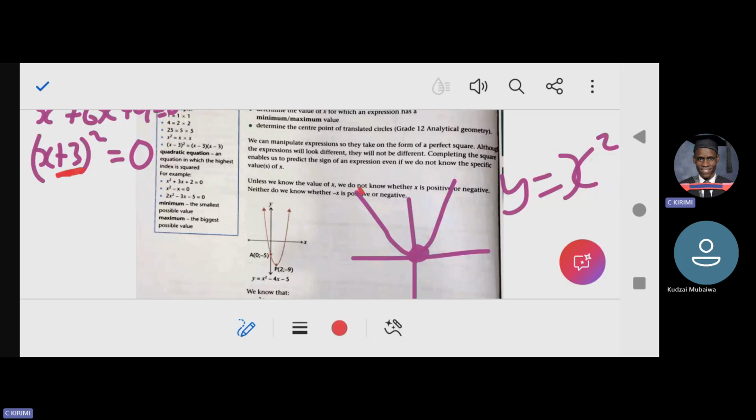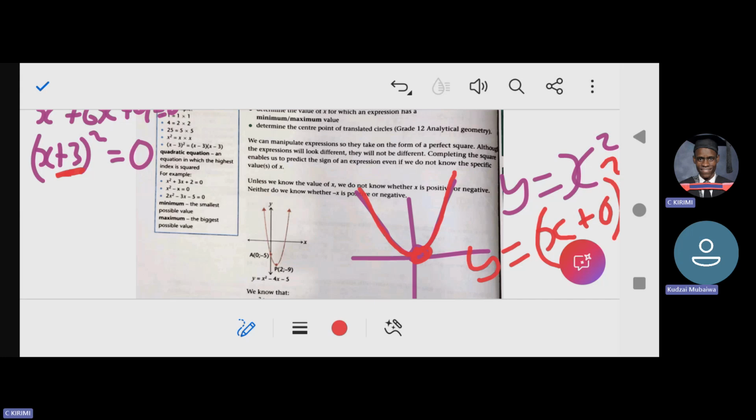This one has not been shifted. That's why it's at 0. In other words, y = (x + 0) squared. Everything under the bracket, you square.